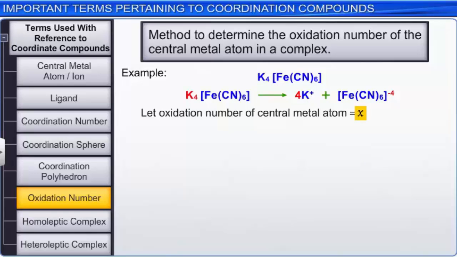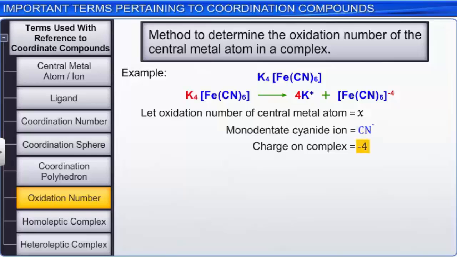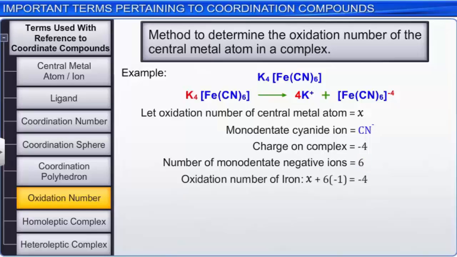Knowing that the complex carries a charge of minus 4 and has 6 monodentate negative ions, the oxidation number of iron can be determined as X plus 6 multiplied by minus 1, which is equal to minus 4. On simplification, we get X equal to plus 2. Thus, the oxidation state of iron in the given complex is plus 2.